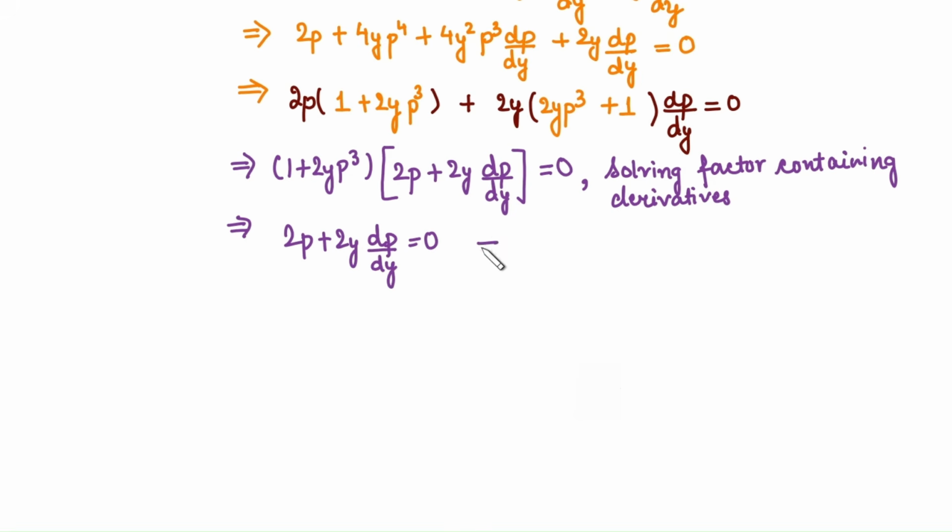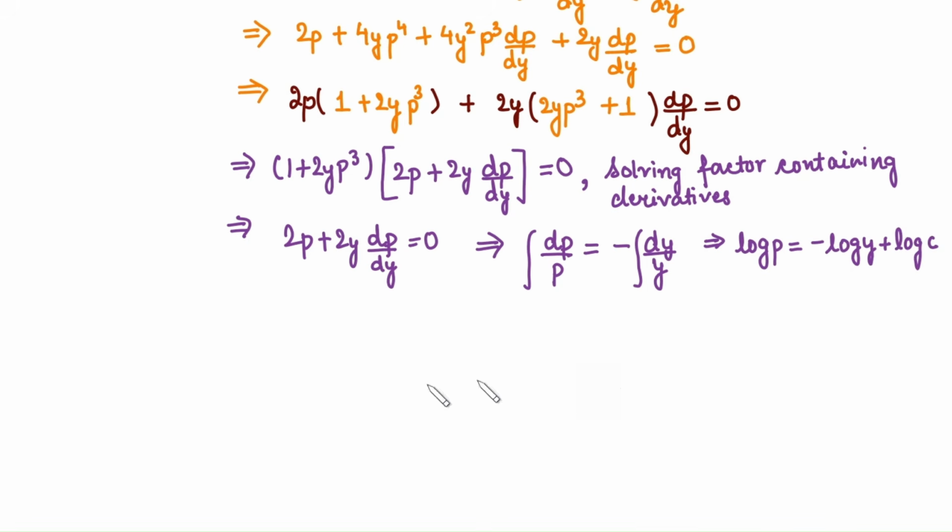From here we can apply the variable separable method because we are getting a p form differential and a y form differential, and this can be written as dp by p is equal to minus dy by y. After simplification, integrate on both sides. This results in the integration of 1 by p, which is log of p, is equal to minus log of y plus log c.